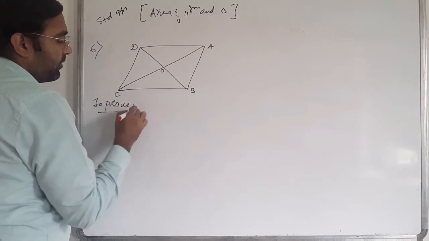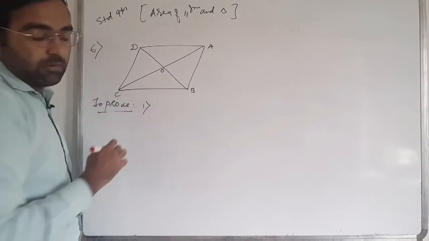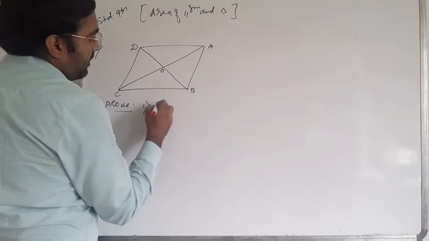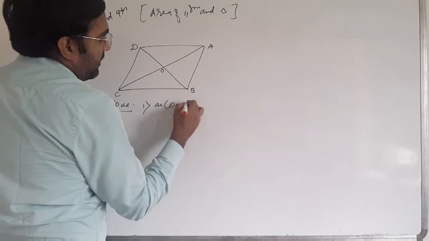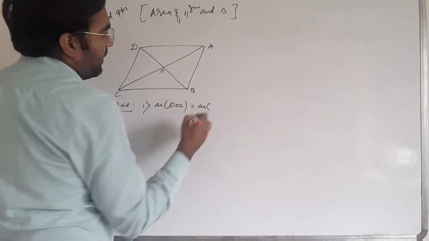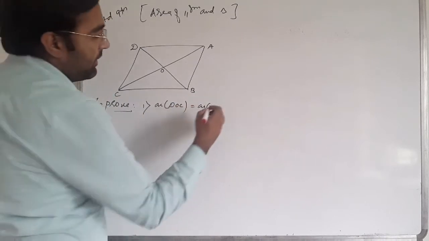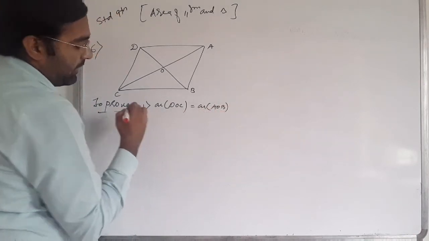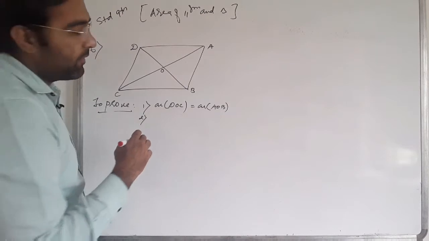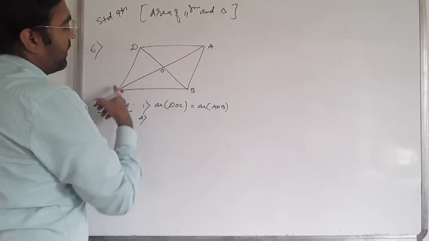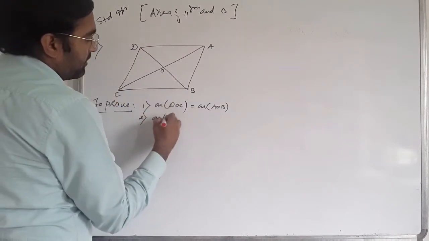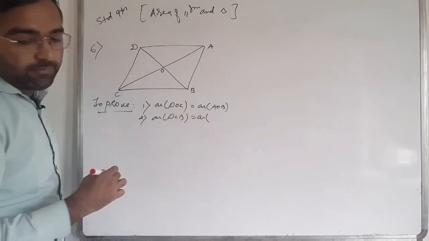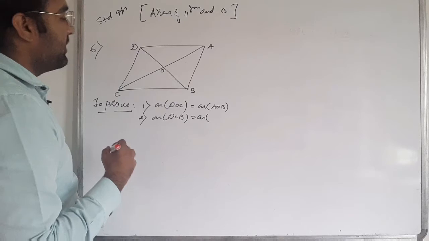First, to prove that area of DOC is equal to the area of AOB. Second, area of DCB is equal to the area of ACB.